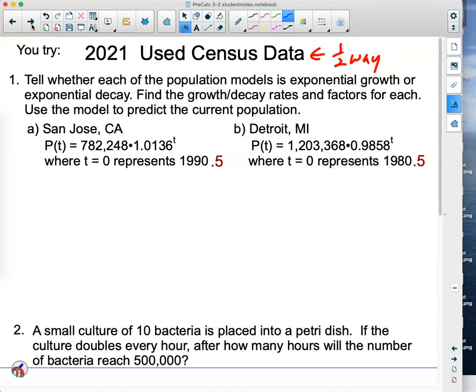All right, 1A, I'd like somebody to unmute and tell me if this was exponential growth or decay. It is growth.